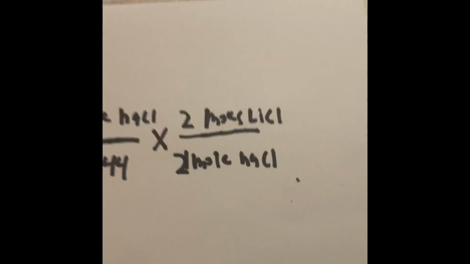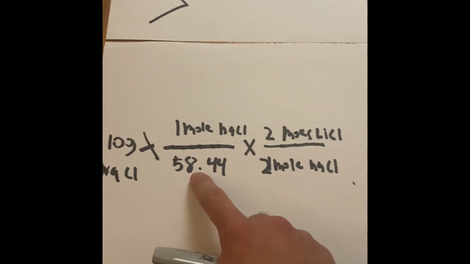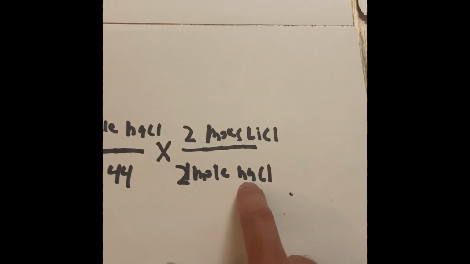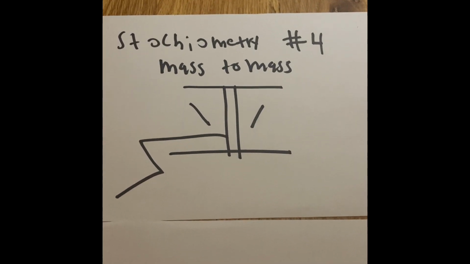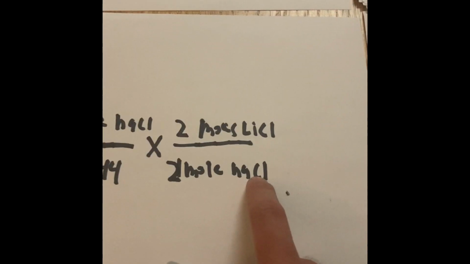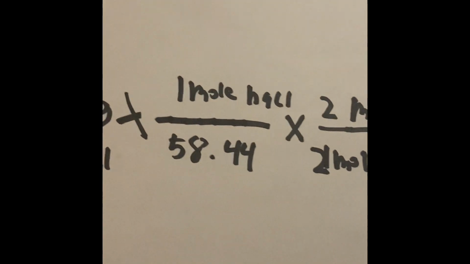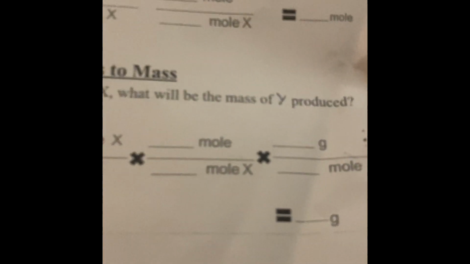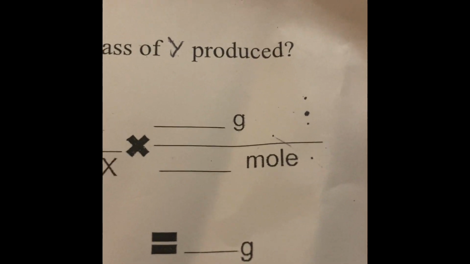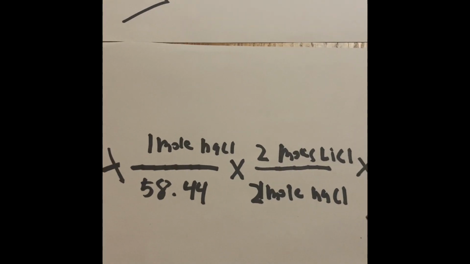We went from NaCl, used the molar mass to convert to 2 moles of NaCl, but because this is mass to mass, we now have to bring it back. We have to multiply by another set of these, but instead of NaCl, we now have to do the molar mass of lithium chloride. I promise, this is the last step of the entire problem.